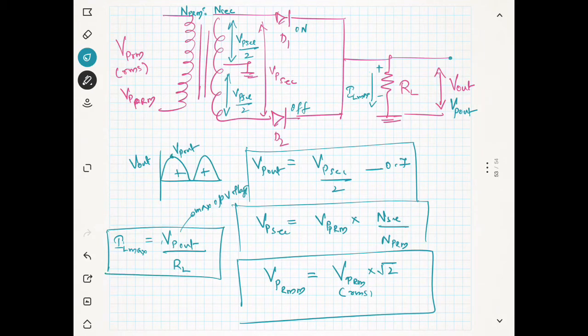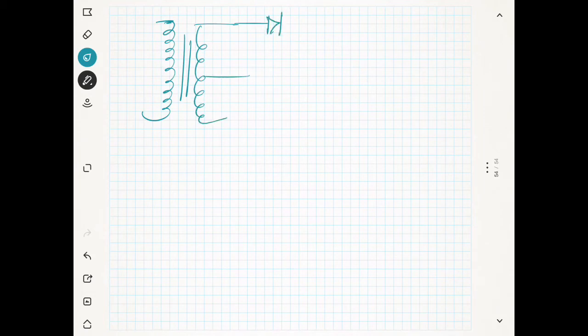Now we are going to discuss a very important thing, which is known as the peak inverse voltage. So you have something like this, this is your rectifier, this is known as the full wave rectifier. This terminal is grounded, and this is D1 and this is D2, and this is RL.